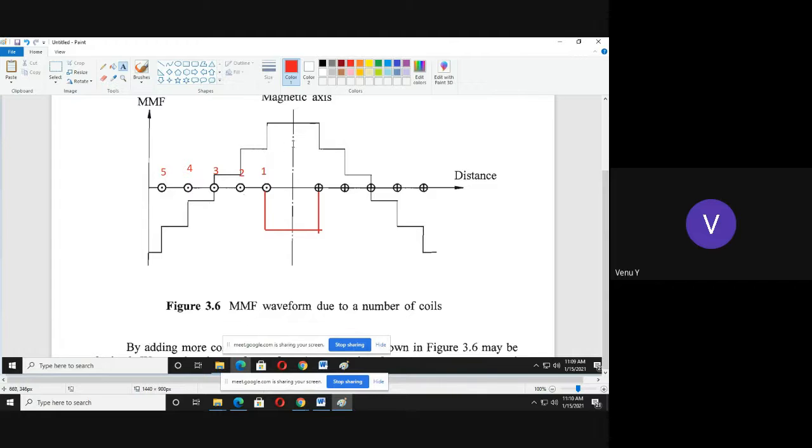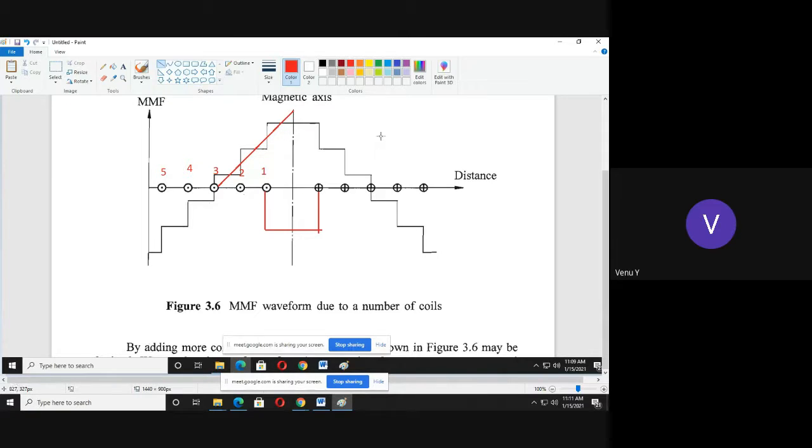You will have a step-like wave, and you should have combinations. Here the combination is like this.